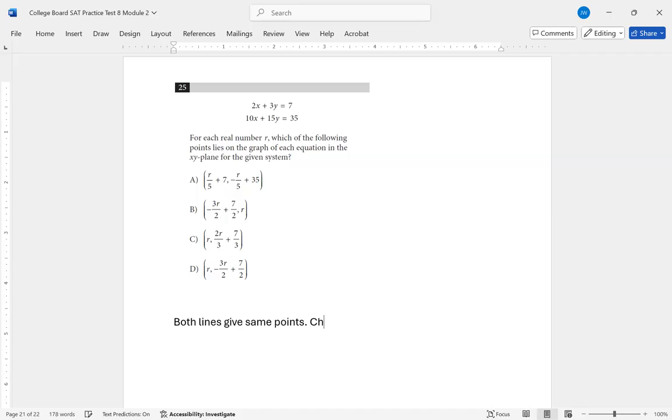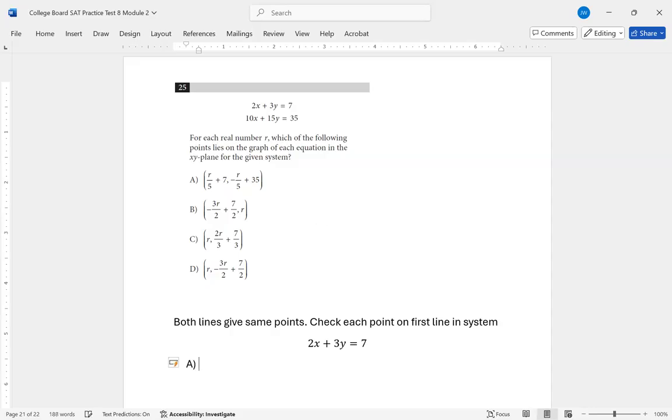So we can check each point on the first line in the system. All right, so that is 2x plus 3y equals 7. That's what I'm going to do for all of these options.